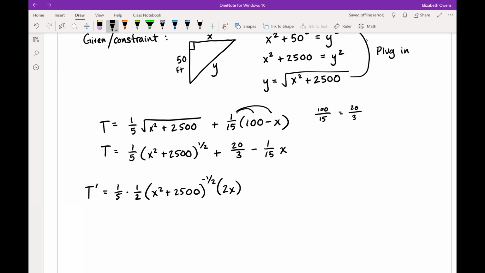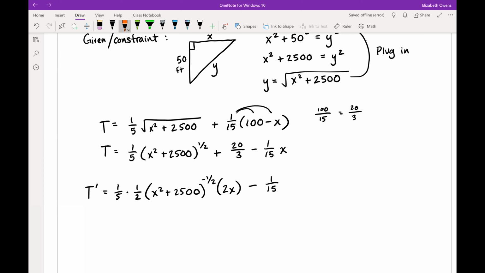Okay. Now the derivative of 20/3 is 0, so that's gone. And the derivative of 1/15 x is 1/15, so we have minus 1/15 on the end there. Okay, so there's our derivative. Let's clean it up a little bit.